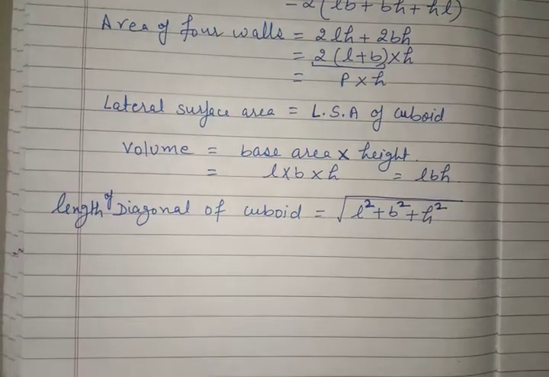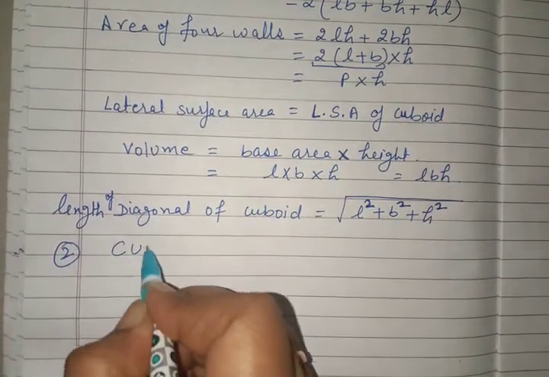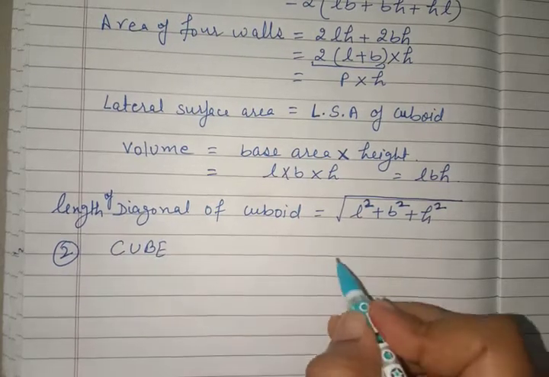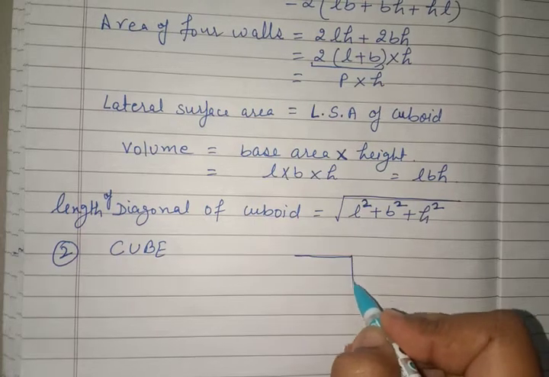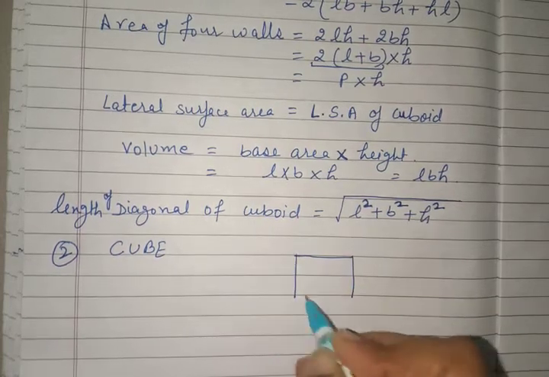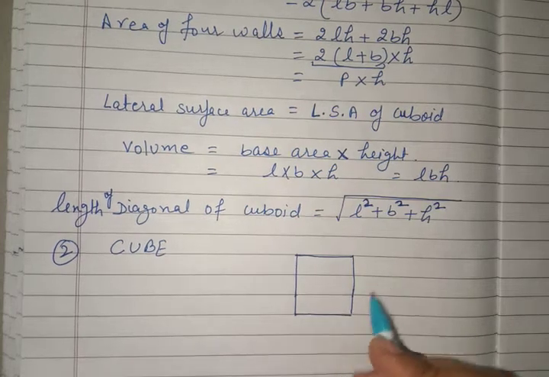Now we move on to the second figure. The second figure is the cube. The difference between a cube and a cuboid is that a cube has all faces of equal length and breadth, meaning all faces are in the shape of a square.